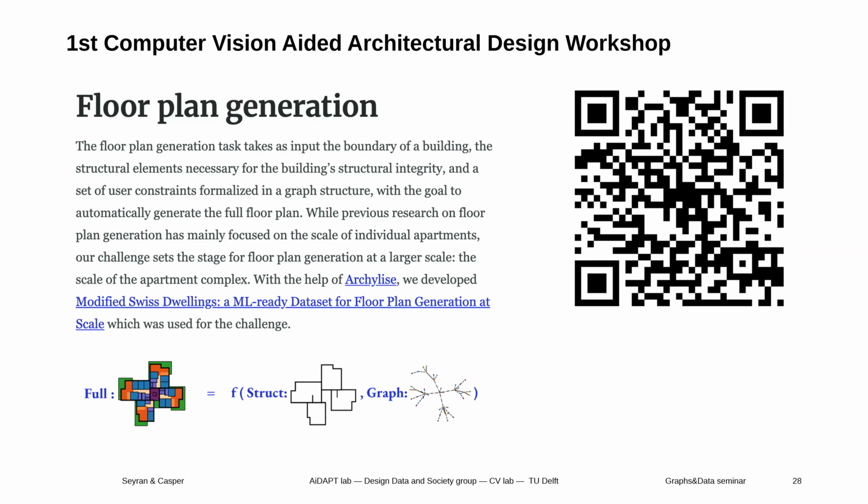The task was that the model needs to create a full floor plan, which means that it contains the room shapes and relations and looks like a floor plan, given the boundaries of the building or the unit, and the graph. This graph is a very natural way for architects to encode the program of a space.